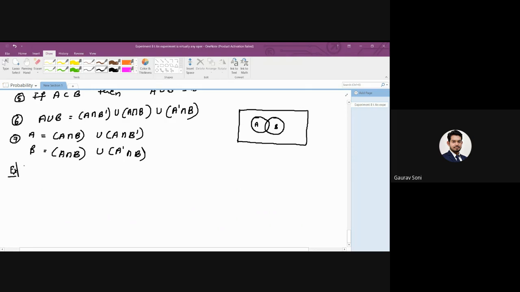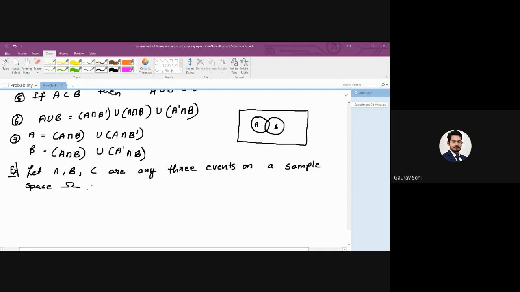Let A, B, C be any three events on a sample space sigma.